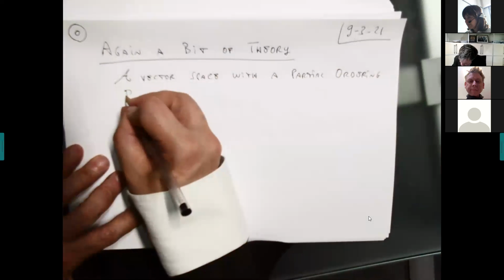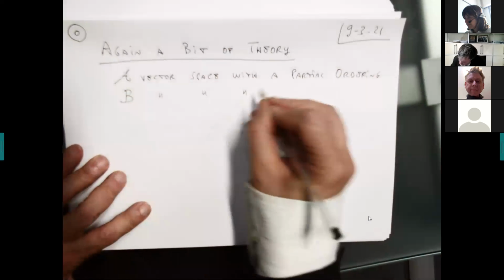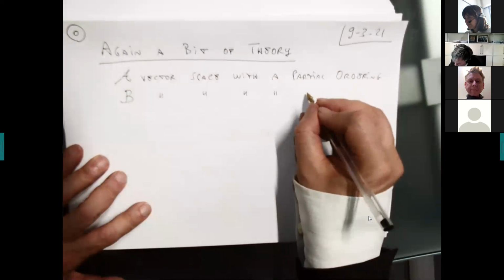And B, a vector space with a partial ordering.